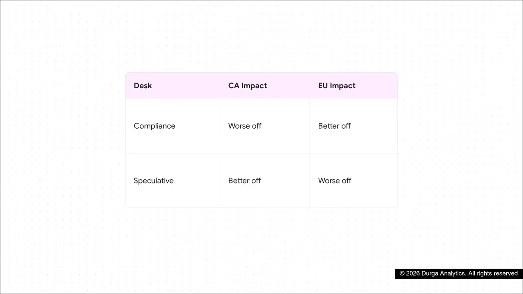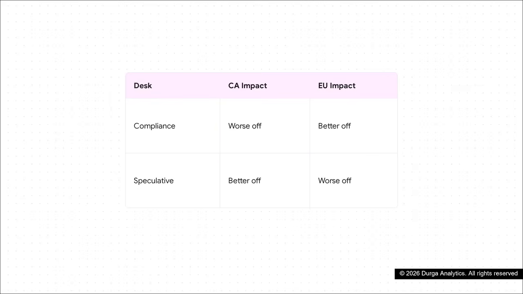In the California invalidation case, the compliance desk was bleeding. Because of buyer liability rules, they had to actively scramble back into the market and buy replacement units just to stay covered. The speculative desk? They were fine. It was just a financial position. They took a markdown and exited the trade.